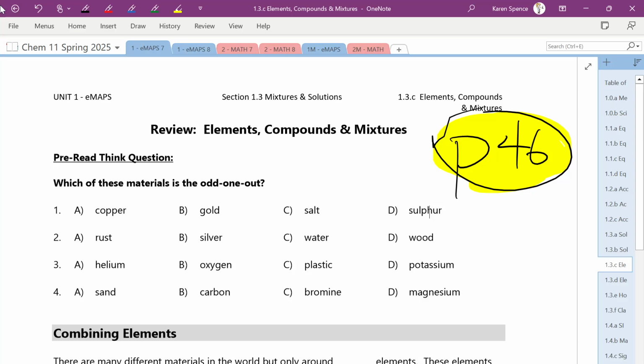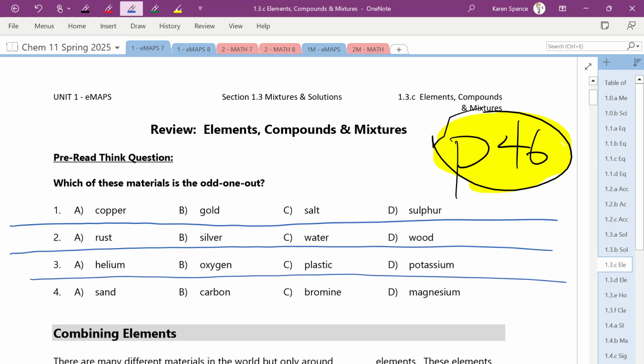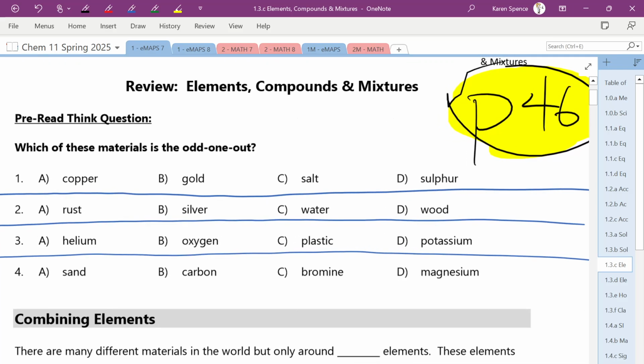Okay, so we're going to start. Like I said, I tend to jump around a lot, on page 46. I'm going to draw lines because very often people don't know what we're talking about here. Which one of these materials is the odd one out?